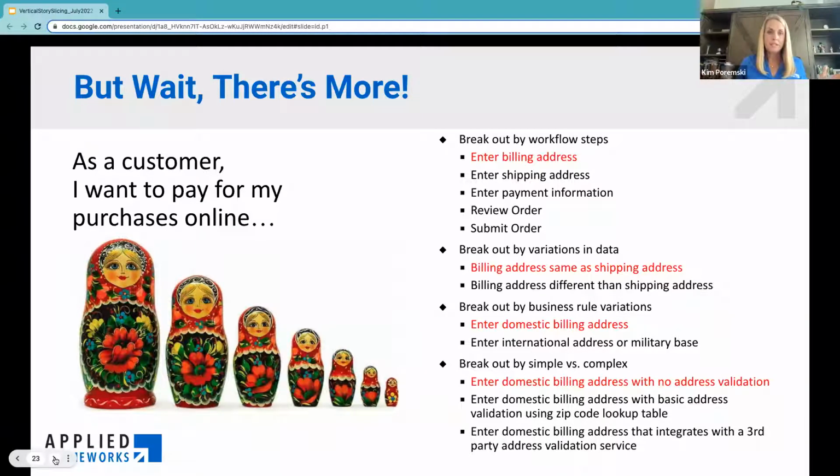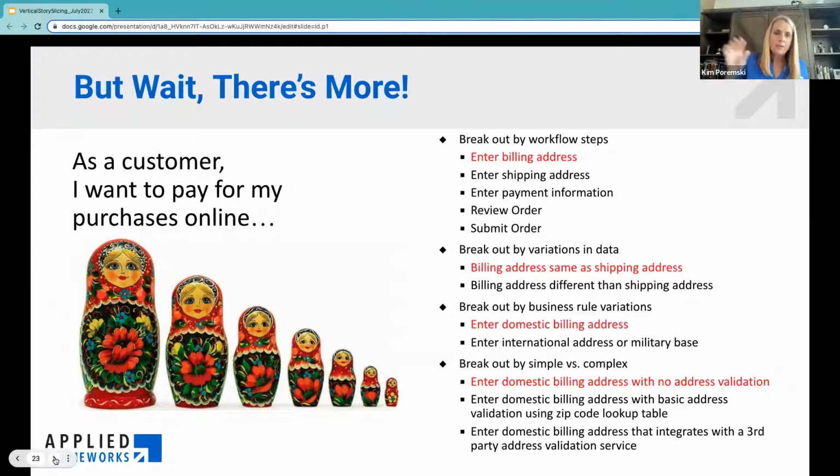Well, for the billing address, I can also apply the variations in data pattern and have a shipping address that's the same as my billing address or one that's different. So for right now, we're going to just assume that whatever address the customer puts in, that's where it's getting shipped. Again, you may not launch this to production, right? But you can still get that functionality built and then layer it on, because this is all about incremental development.